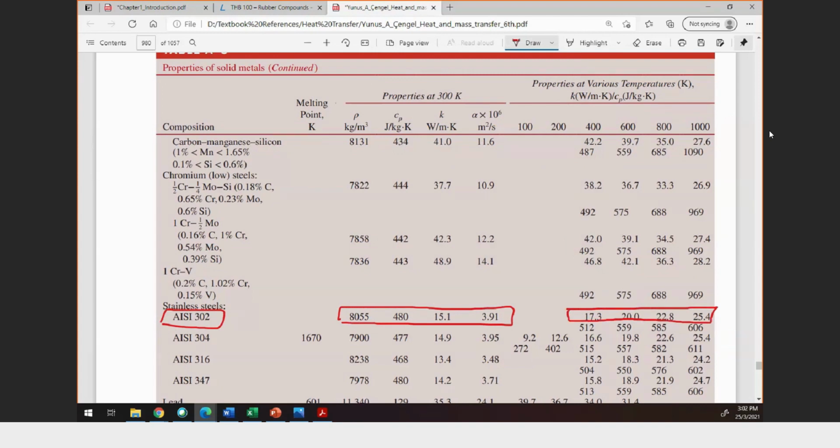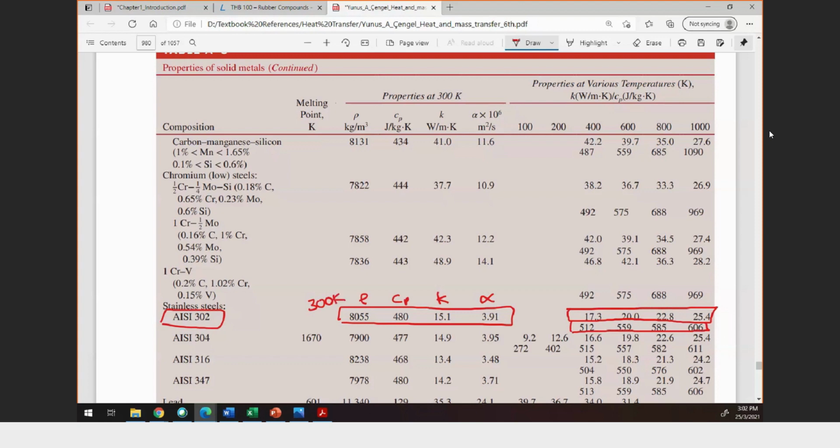Also there are some values for this. This one is the value of the density, Cp, K value, alpha. Alpha is the thermal diffusivity at 300 Kelvin.